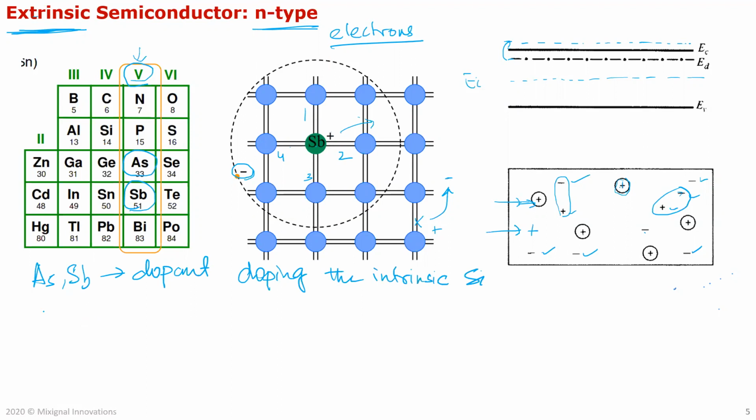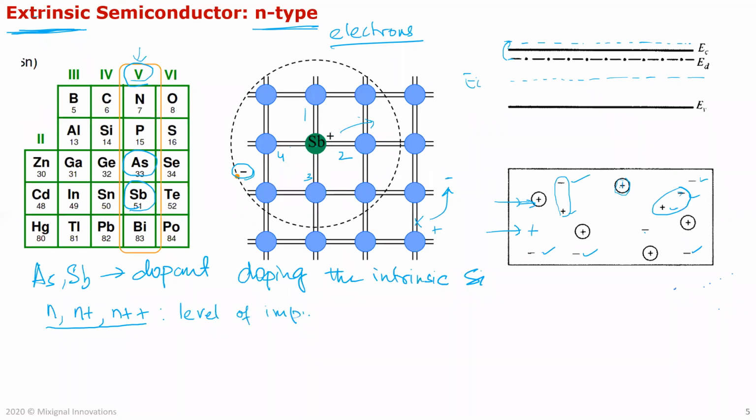Okay, and so you'll see in VLSI a lot of times it's called an N-well, sometimes it'll be called N plus, sometimes it'll be called N plus plus, and these have to do with the level of impurity.